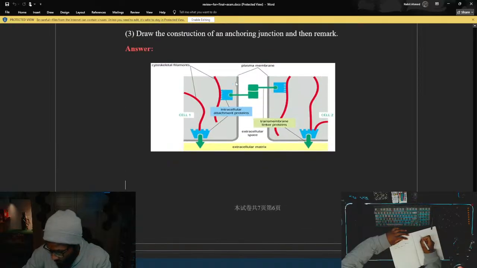And then out there. So those are intracellular attachment proteins, and those are transmembrane linker proteins.